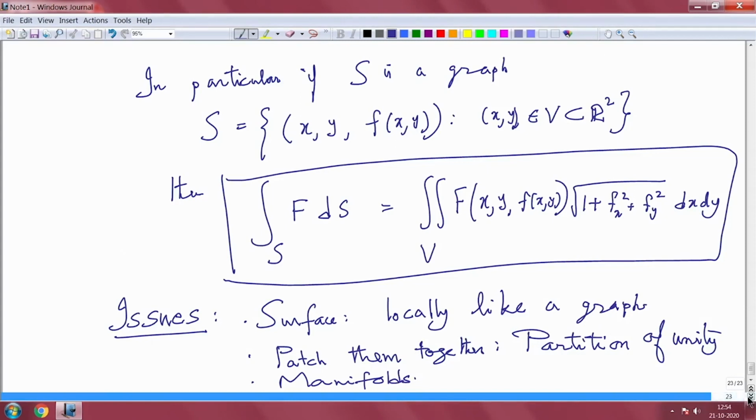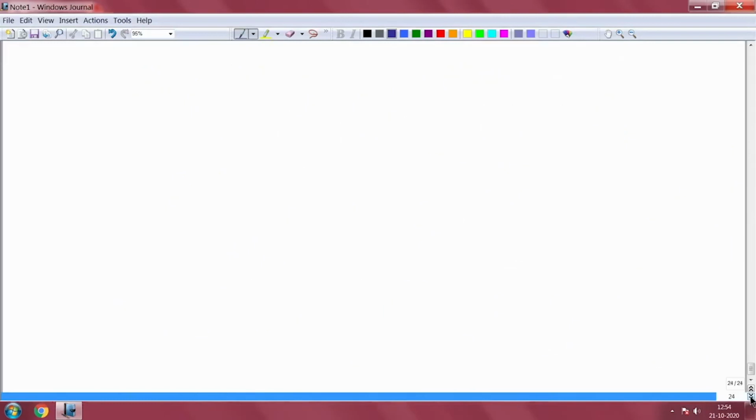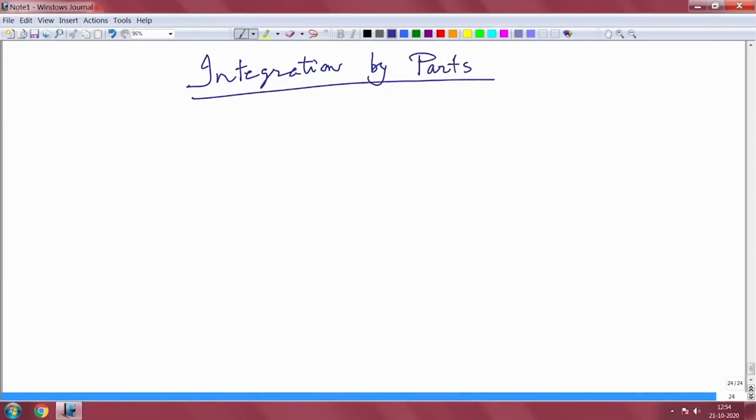Now I go to the last part of the minimum thing problem, what we call integration by parts and some related theorems.